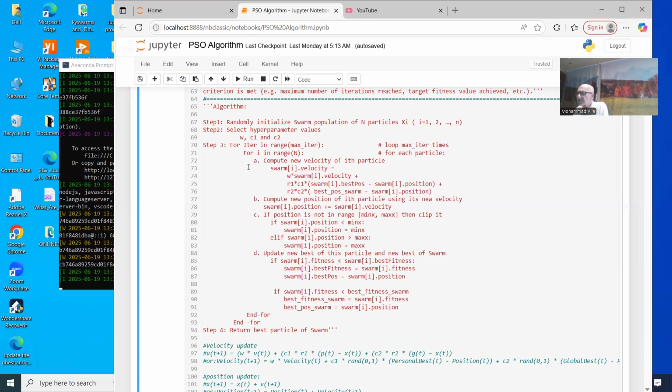So at first we have to compute or update the velocity of each particle.